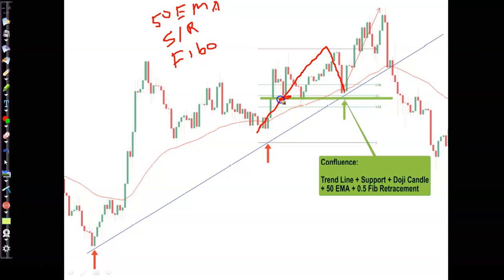Now you can see there are multiple rejections acting as a support and a drawn supporting line, and at that time there is the 50 exponential moving average, this red line. When we connect this wave using Fibonacci, you can see there is the 61% retracement, and this is called a high probability trade.